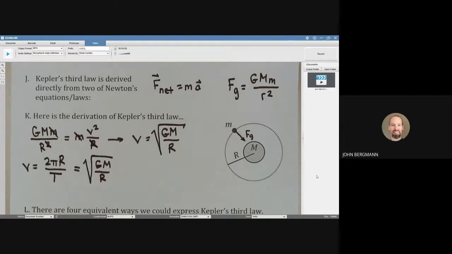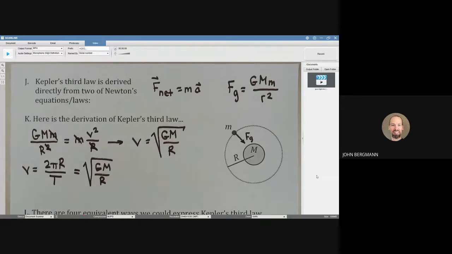now let's do a little bit of work on here. Let's square both sides. If we square both sides, what happens here? This becomes 4 pi squared r squared over T squared, and then the square root sign disappears: GM over r. Now, what happens there?